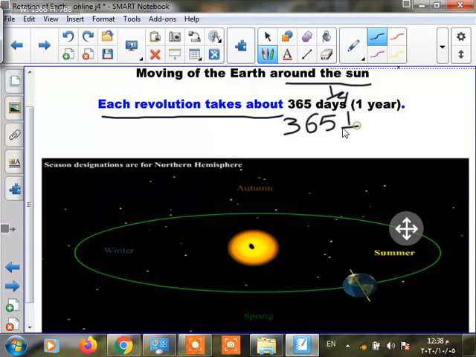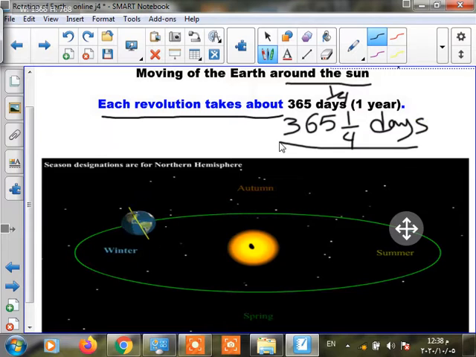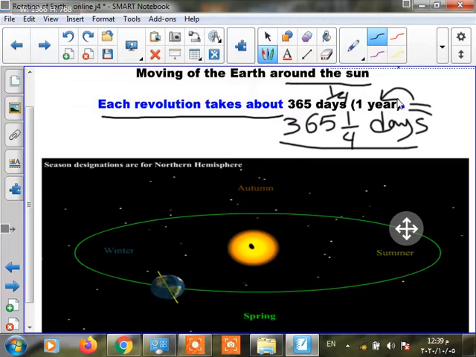This number of days is the same as 1 year. So Earth revolution takes 1 year for one complete revolution.